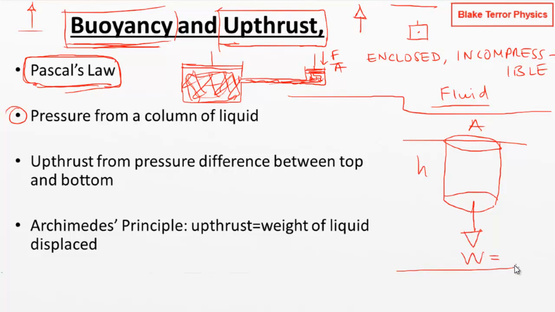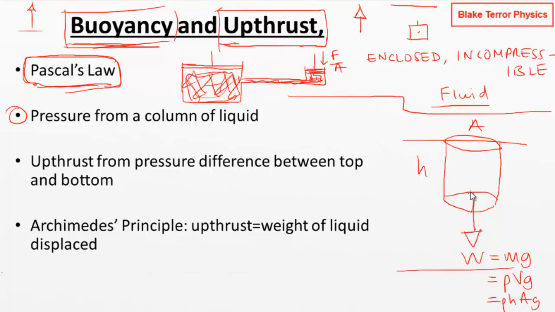This weight is equal to the mass of that cylinder multiplied by g. The mass is the density times the volume, and then we can say the volume is h times A. So we've got rho h A g. This is our force downwards at the bottom of this column of liquid.